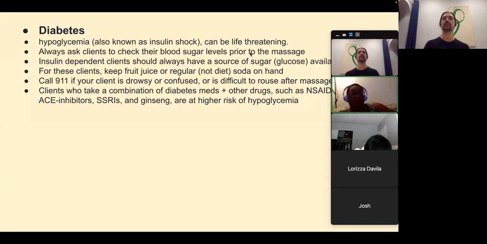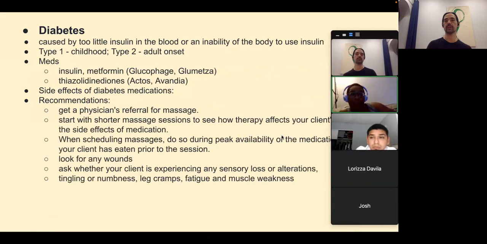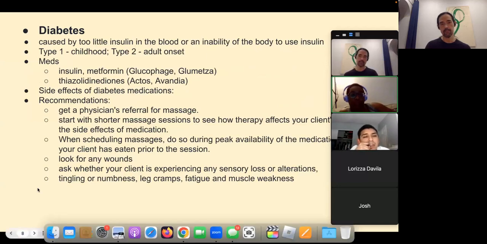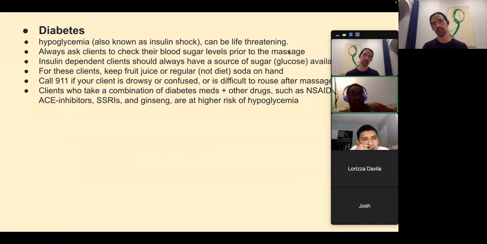Always ask clients to check their blood sugar levels prior to the massage. That was one of the suggestions up here. Has your client eaten prior to the session? Ask them to check their blood sugar levels prior to the massage. Diabetics who are good at maintaining their glycemic levels usually travel with some kind of blood sugar monitor.